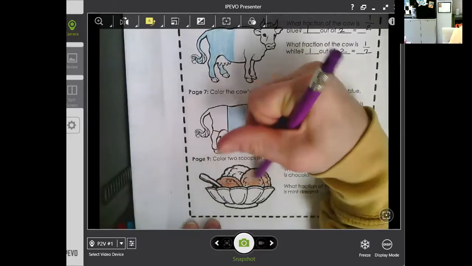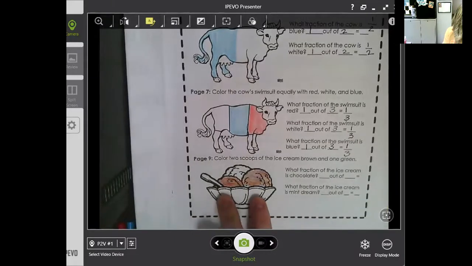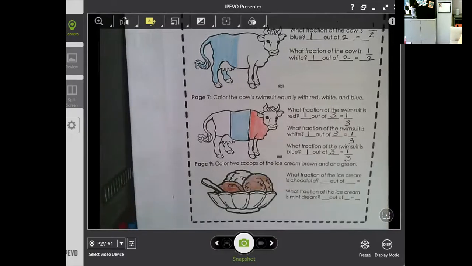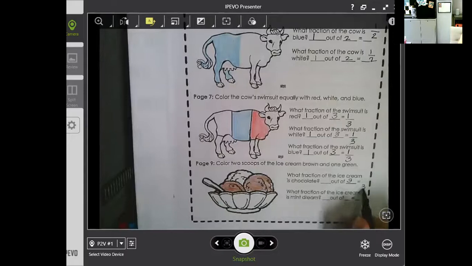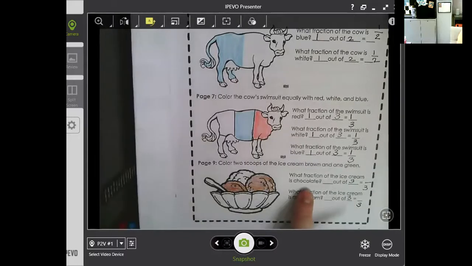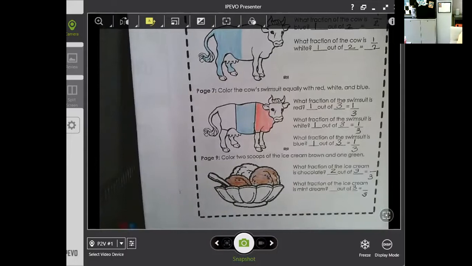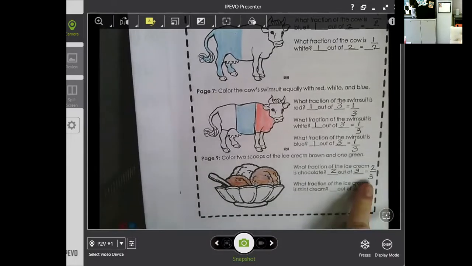All right, so we have 2 scoops of chocolate ice cream. And even though we still have 1, 2, 3 equal parts, so out of 3, there are 2 out of 3 scoops of chocolate ice cream. So that equals 2/3.